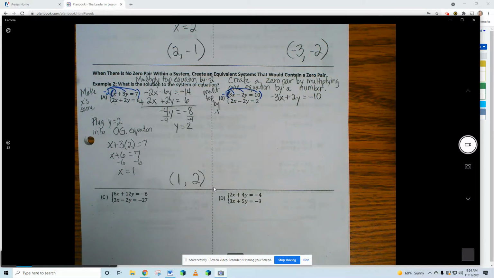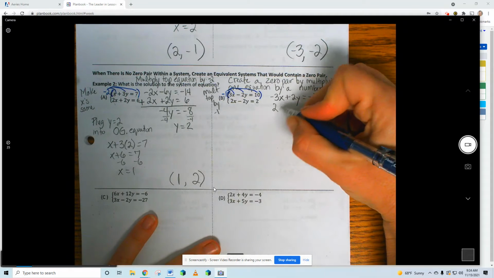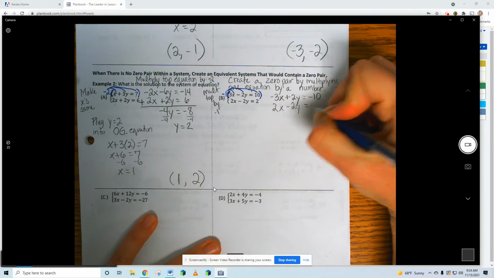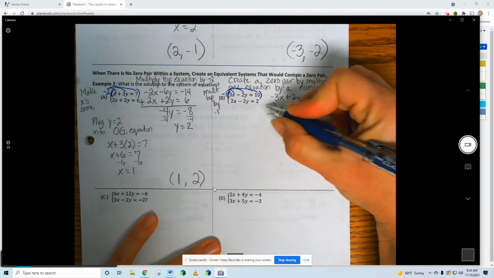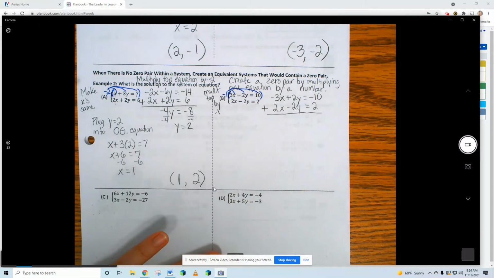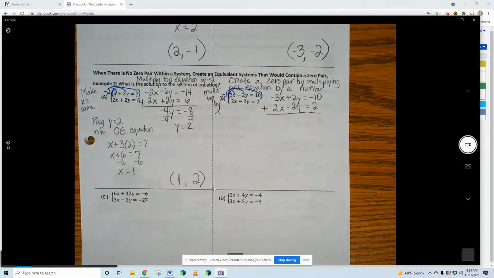The bottom equation stays the same. I don't have to do anything to it. 2x minus 2y equals 2. And add them. I have a zero pair.